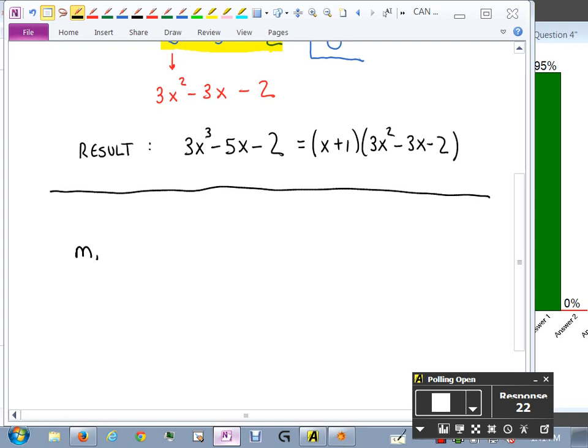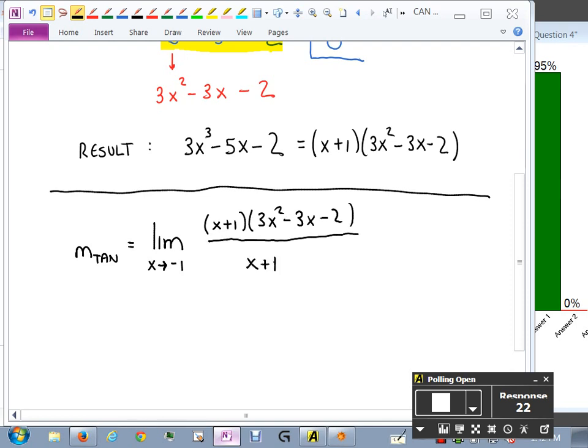So the slope of the tangent line was equal to the limit as I was letting x approach -1 of the numerator, which I just factored using this synthetic division thing, over the denominator, which was x plus 1. And they cancel, right? And now that limit is no longer going to give you 0 over 0.